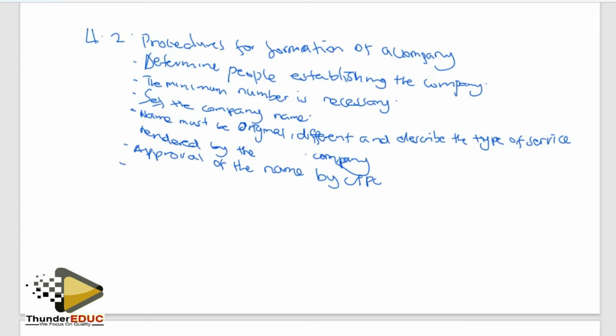Besides that, you are supposed to draft or draw the memorandum of incorporation.